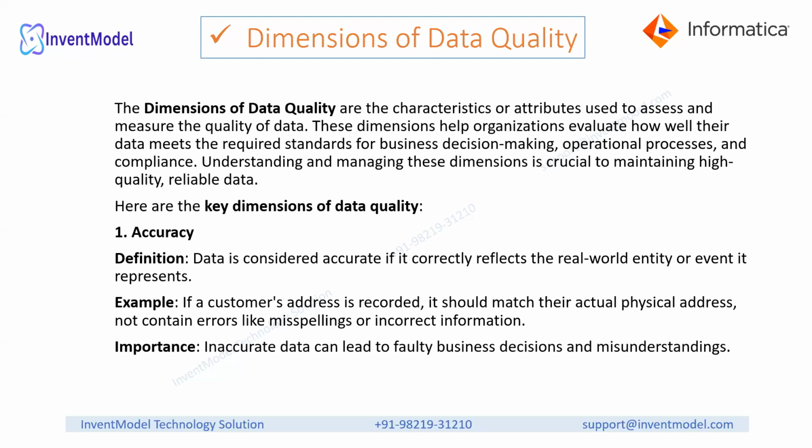That is called the dimension of data quality. These dimensions help organizations evaluate how well their data meets the required standards for business decision making, operational processes, and compliance. Understanding and managing these dimensions is crucial to maintain high quality and reliable data.